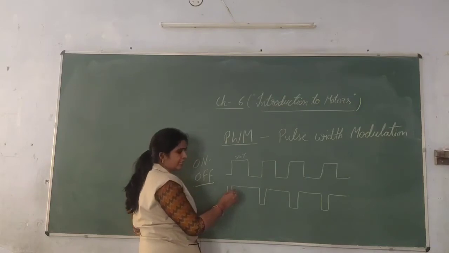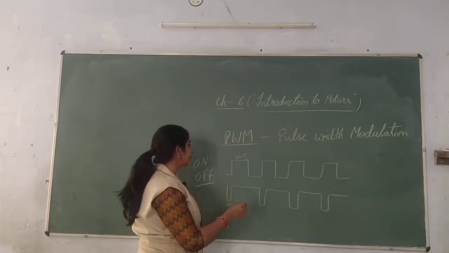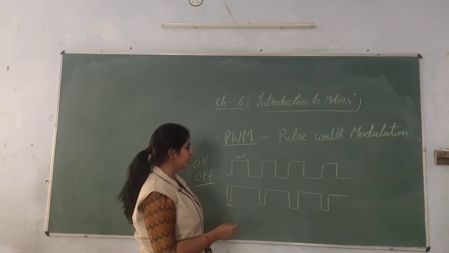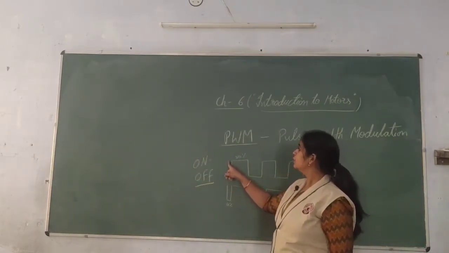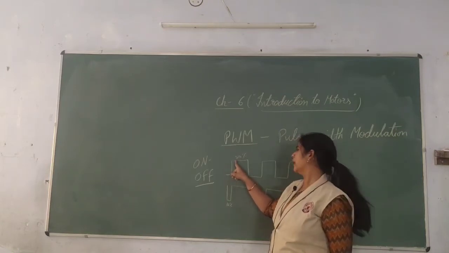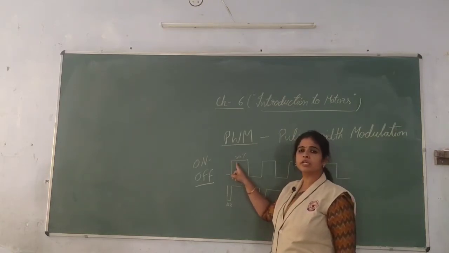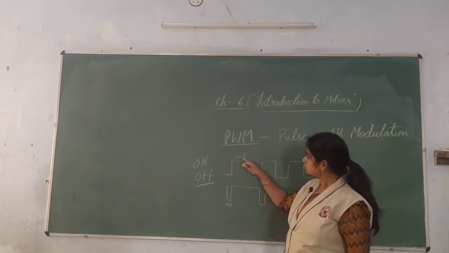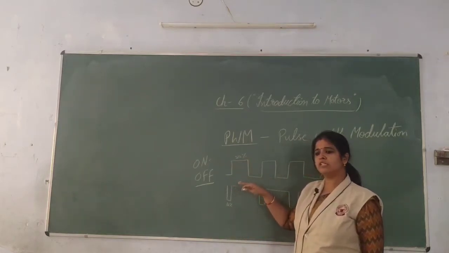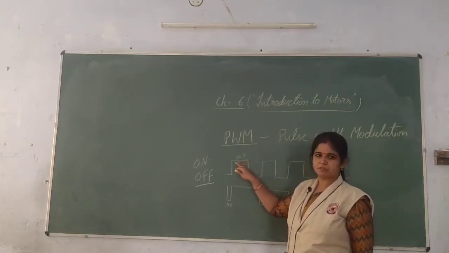Okay, you can understand like this by this diagram. That is the pulse width modulation diagram. When your switch is on and off, both of the switch on and switch off timing are the same, then your rotation speed of DC motor is 50%.